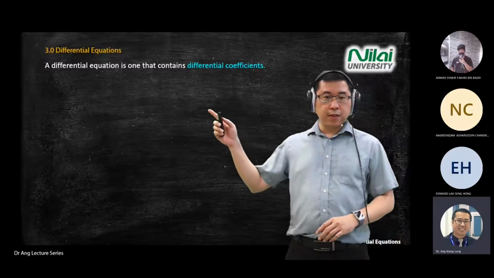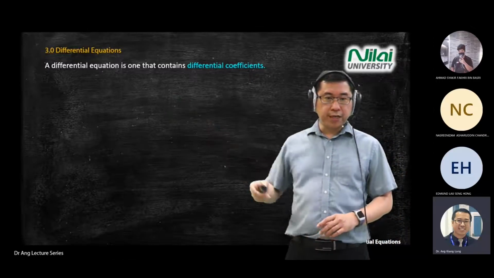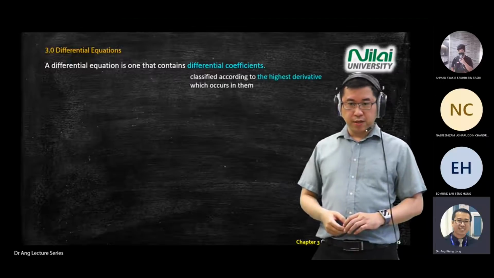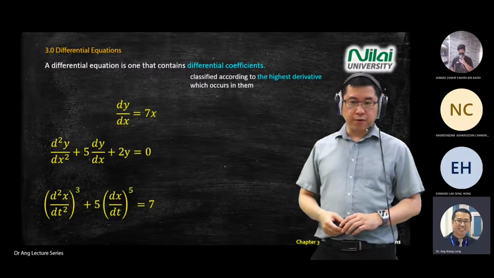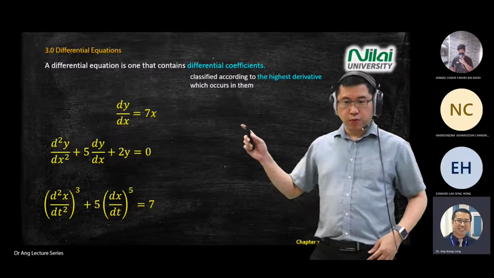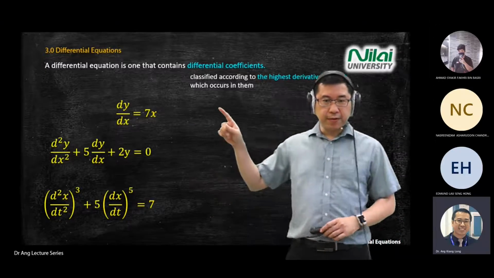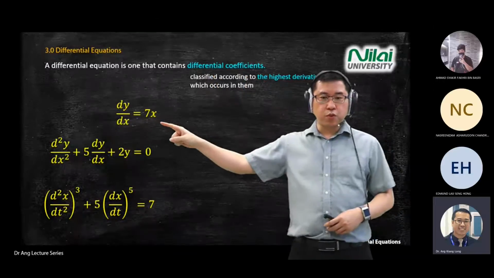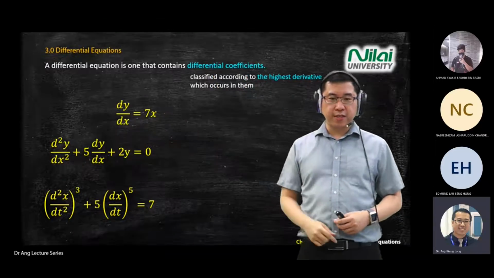So the first thing is the definition of a differential equation. What is the form? Oh, sorry, I forgot to hide all this. But anyway, when you talk about a differential equation, it means you differentiate the equation.